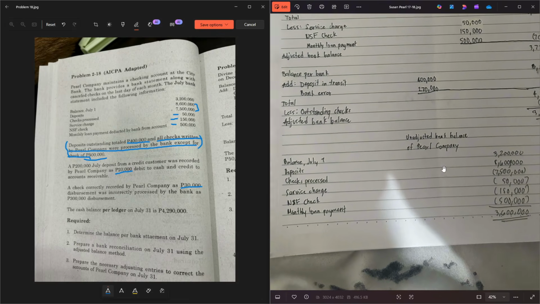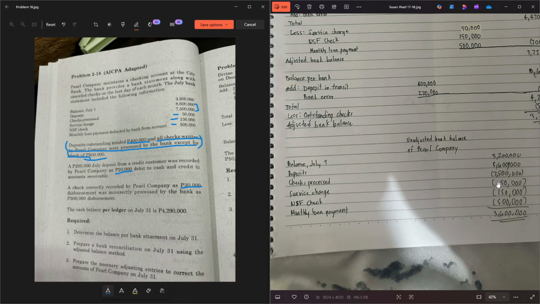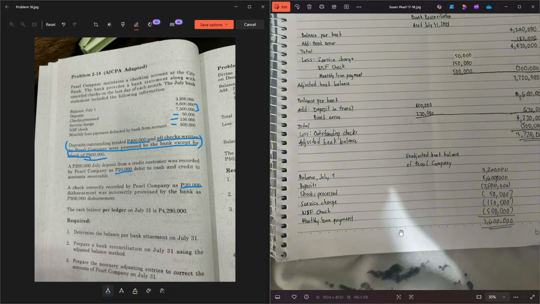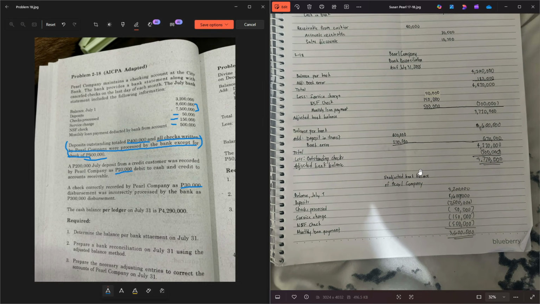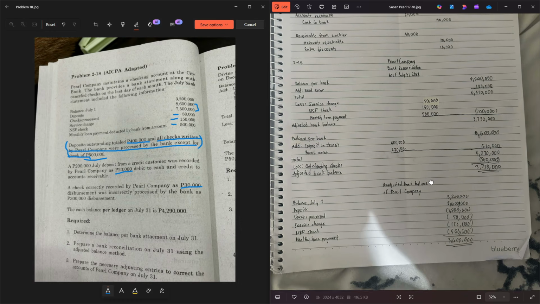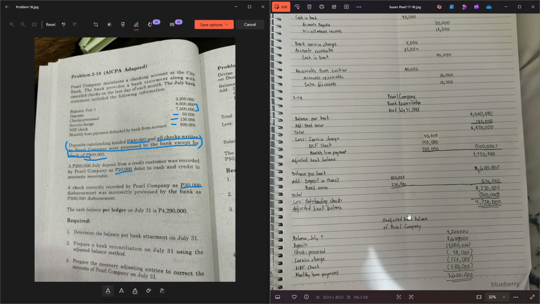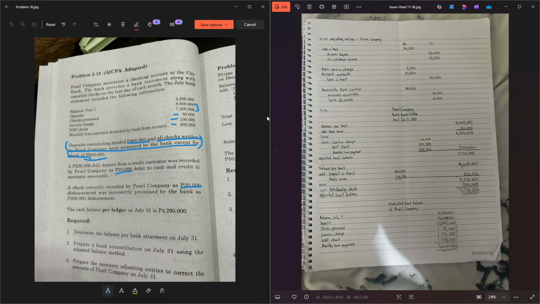So those are the checks processed. Service charge of 50,000, NSF check of 150,000, monthly loan payment of 500,000 in order to get the unadjusted bank balance of 3,600,000. Yeah, here is the explanation for this one. Why is it 3,600,000?